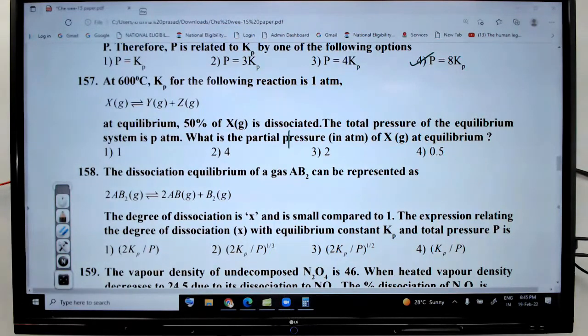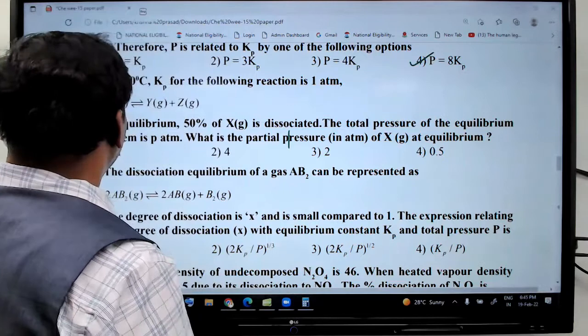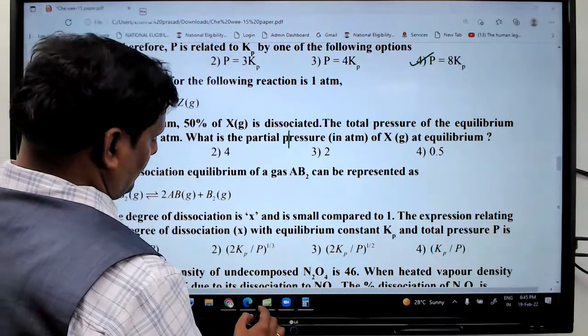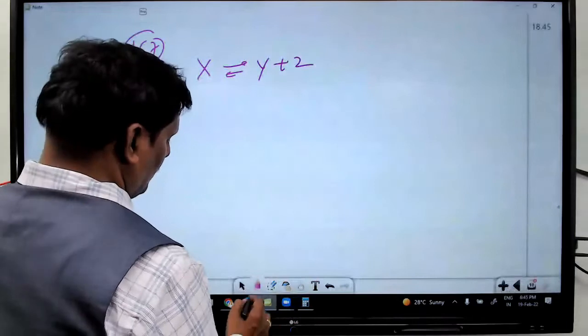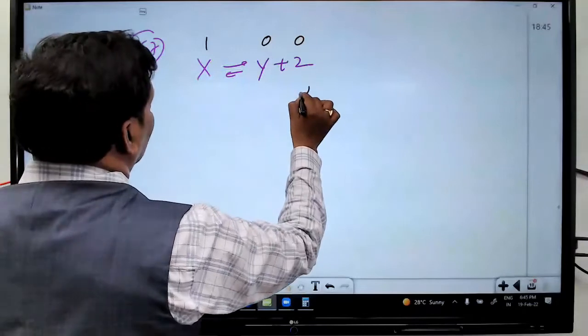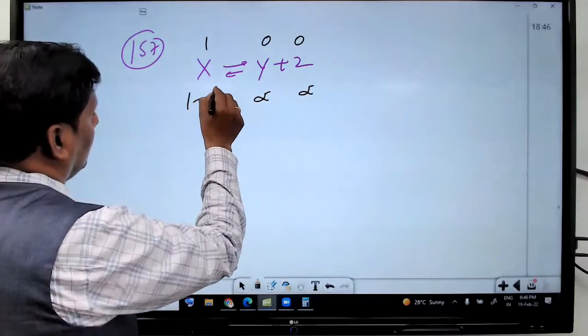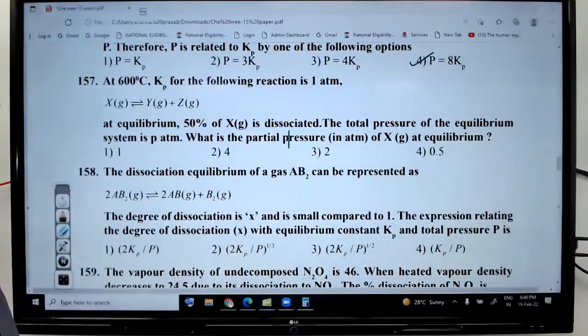How will we find this out? Kp value is given. Let us go for the equation: 1, 0, 0 initially, then 1 minus alpha, alpha, alpha. They gave 50% of X dissociated.